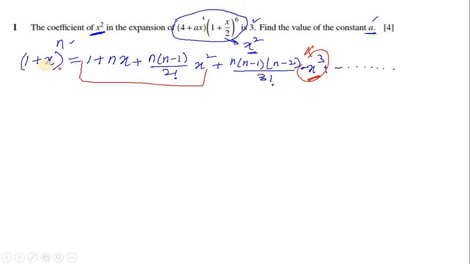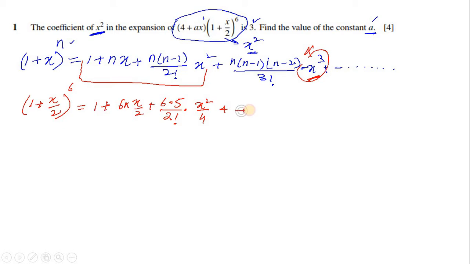If you apply the same expansion on (1 + x/2), you can write (1 + x/2) whole power 6 is equal to 1 + 6 into x/2, because this is nx, plus n(n-1) with n equal to 6, so 6 into 5 divided by 2 factorial into x square, and x square means the square of the second term, which is x square by 4.